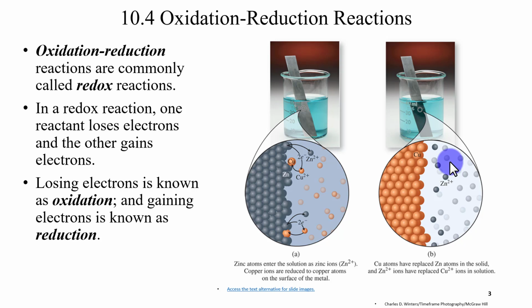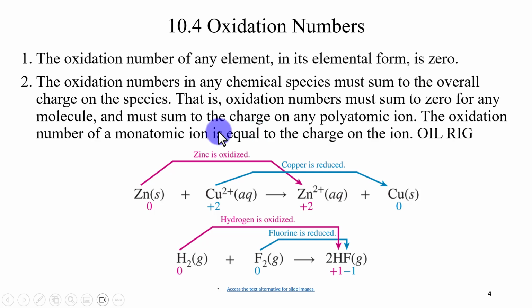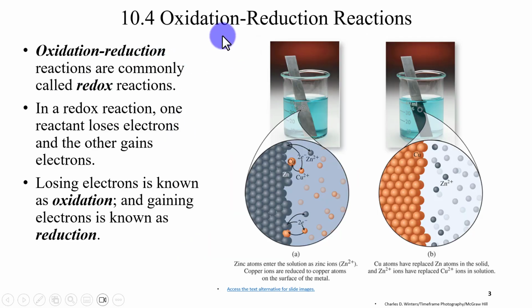The next reaction that we're going to talk about is oxidation reduction. This occurs many times in nature. Oxidation reduction reactions are called redox for short. In these reactions, what is happening is that we exchange electrons.